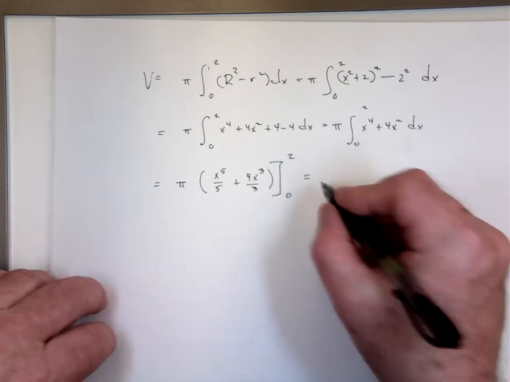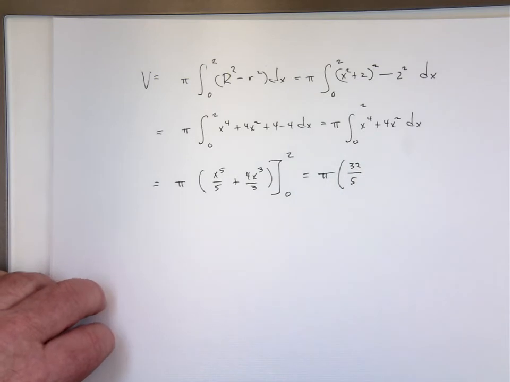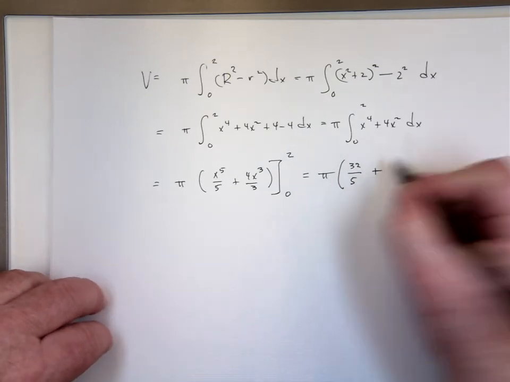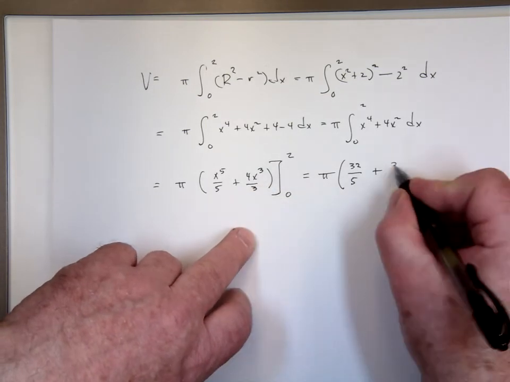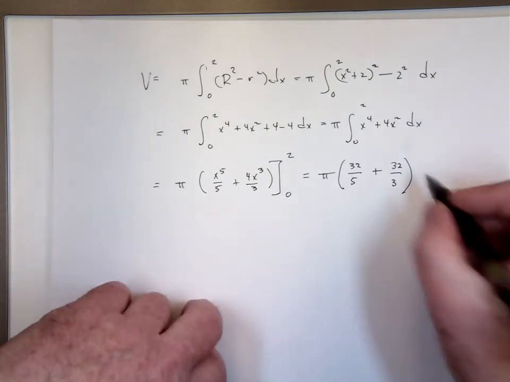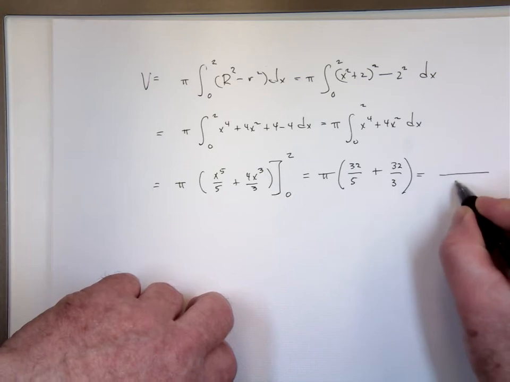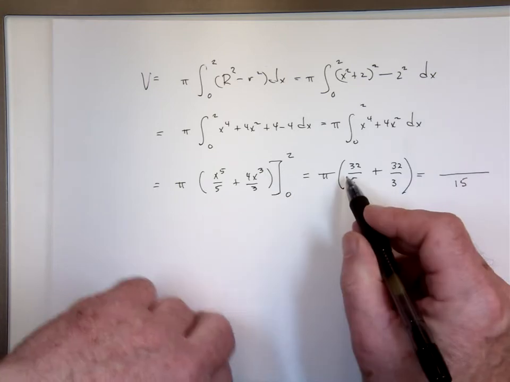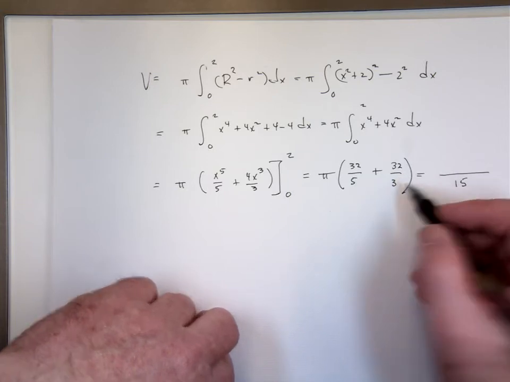We get 32 fifths. Oh, that's what we had before, but we get an additional amount: 2 cubed is 8, times 4, 32 thirds. Going to 15ths, we've got 96 plus 160, 256 pi over 15.